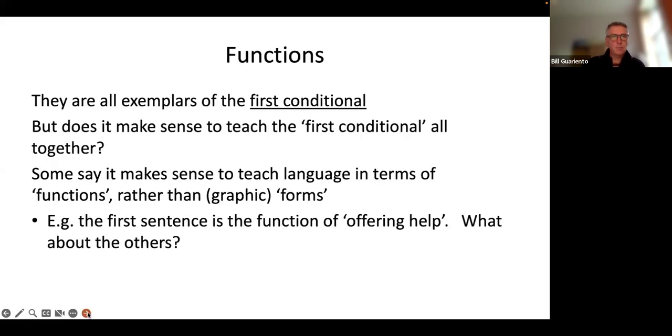As I said, these are all exemplars of the first conditional, but does it make sense to teach the first conditional altogether? Some people say it makes sense to teach language in terms of functions rather than graphic forms.